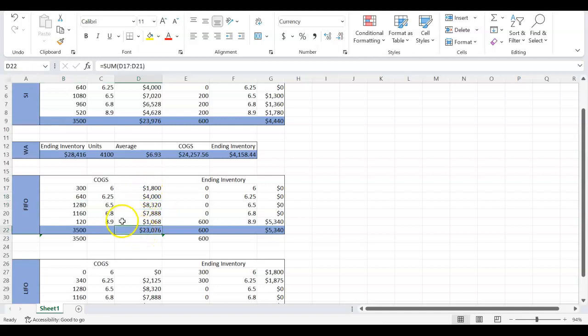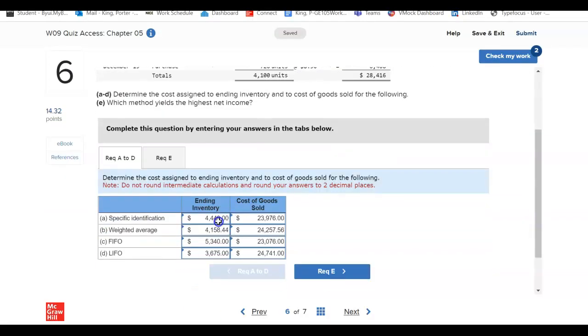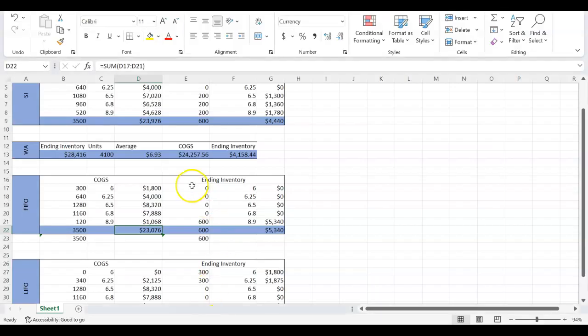And then in this column we went ahead and did a sum of D17, so from this column to this column, and our sum value was $23,076. So for our cost of goods sold, on the first in, first out, we put 23,076.00.